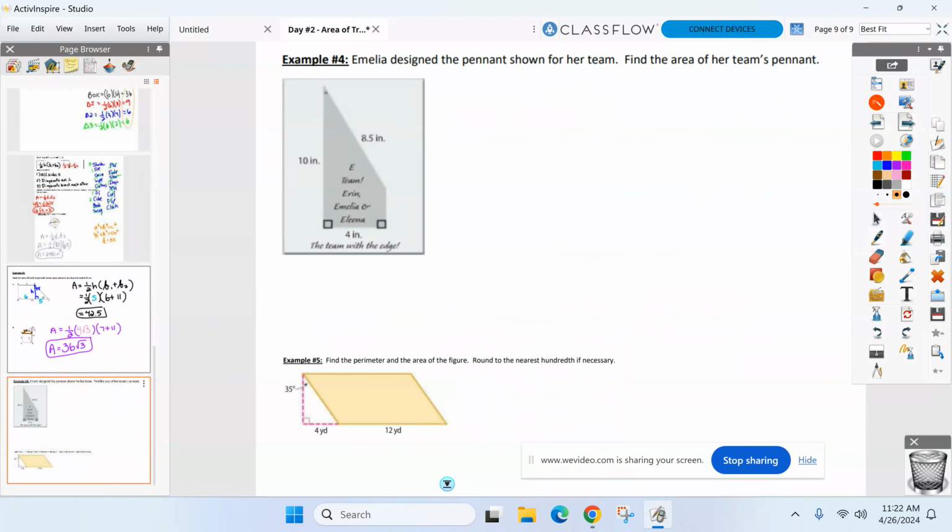I'll start. Emily. Who else could be on this team? Ethan. Didn't say it had to be all females. Yep. Who else? Eric. Eli. Emma. Elizabeth. Thank you. That's a popular one on the team.